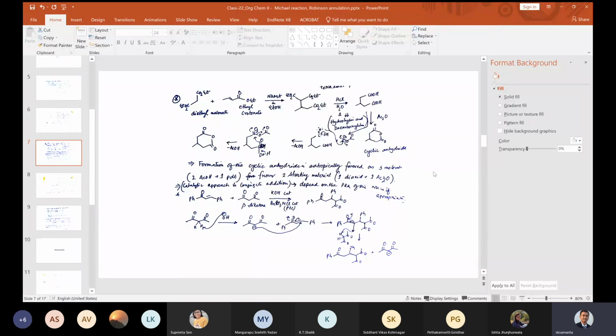So how does this reaction happen? How can this OH minus pick up this proton? Because they will form different phases: KOH will remain in the aqueous phase and this molecule will remain in the organic phase. How do you do this reaction?